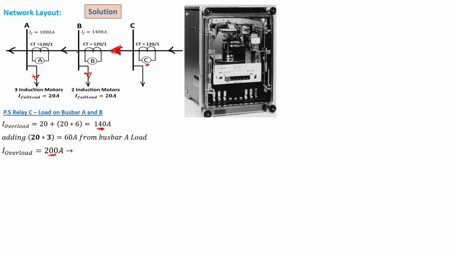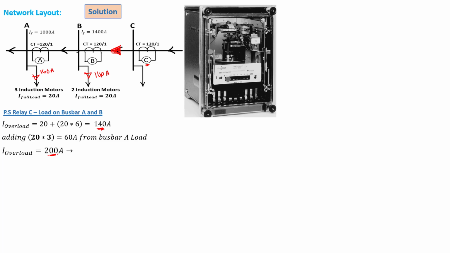Now, assuming that at the time where two motors are running and one motor is starting, we know we're going to have a current of 160 amps flowing here. And also we have a similar condition of one motor running, one starting, which gives us a current of 140 amps. So the total overload current that this relay will see amounts to 300 amps. So that will be the worst case scenario.